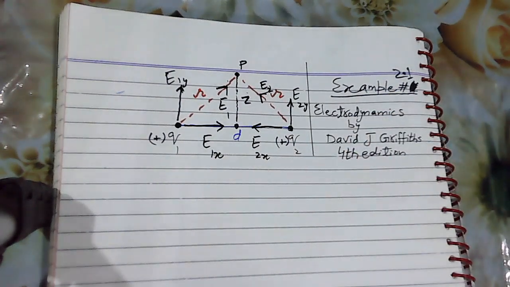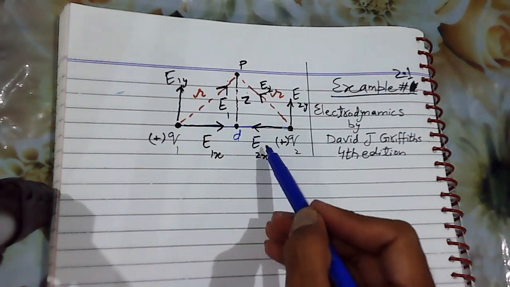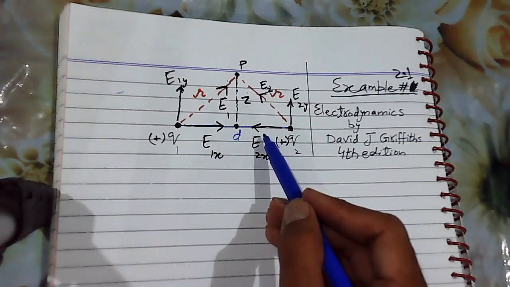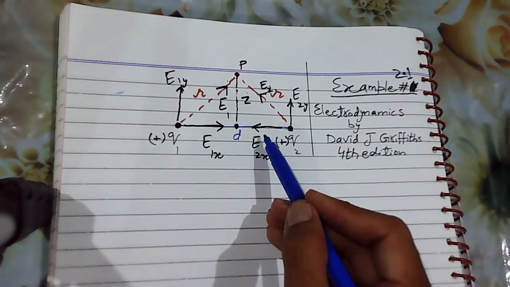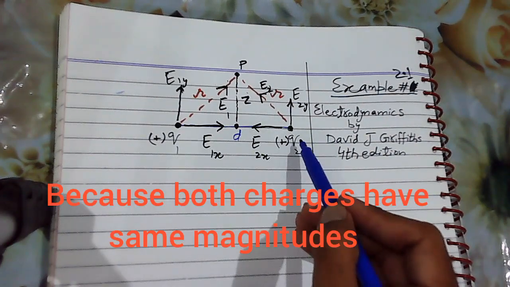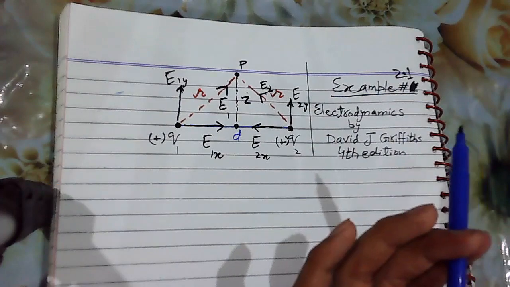Okay. Now it's very clear that the x components due to the individual fields are opposite to each other and will be equal in magnitude. Why are they equal in magnitude? Because both of these two charges have similar signs, so both of them will produce the same magnitude of the field.